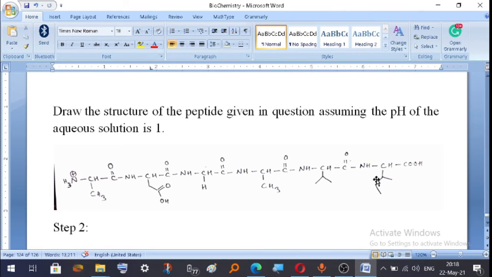And since there are only 3 ionizable groups, we are concerned only with these 3 residues. The rest of the residues don't have any ionizable group, so they will not play any role in calculation of the isoelectric point of the peptide.